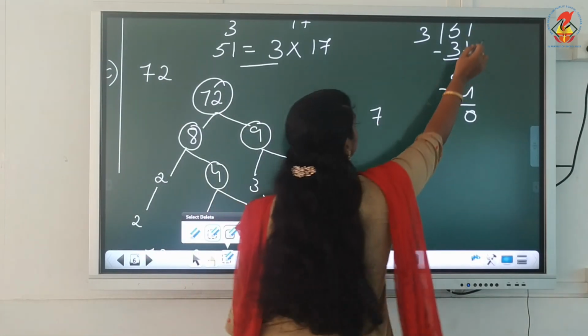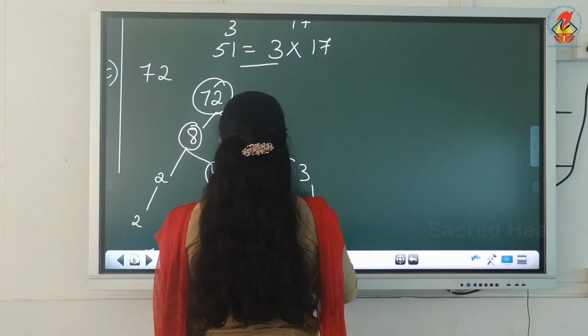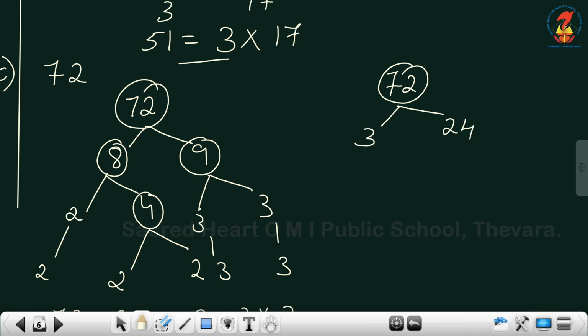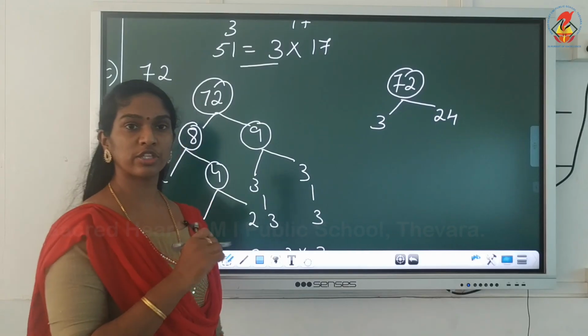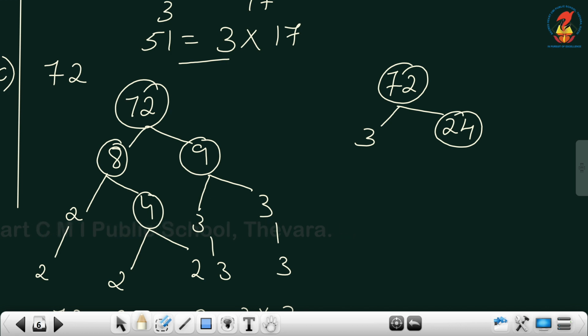72. I'll write it as 3 into 24. Okay, here 3 is already a prime number, 24 is a composite number, so I can split 24. How can I write 24?